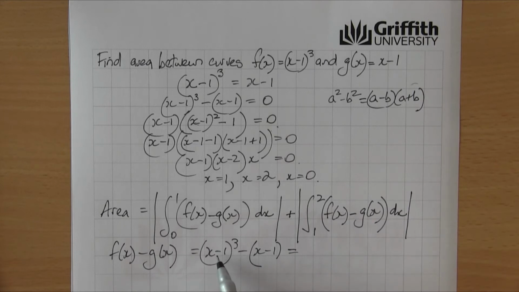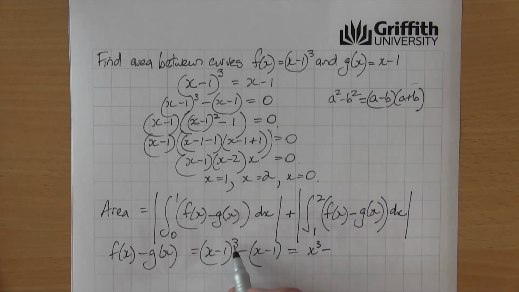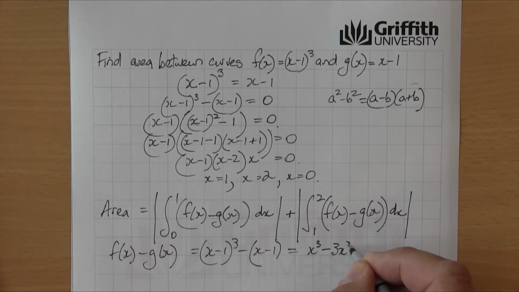Using the binomial theorem, that will be equal to x³ minus... because it's the power of 3, the coefficients go 1, 3, 3, 1, the third line of Pascal's triangle. So the powers of x go down by 1, the coefficient is 3, x², and then it would be plus times negative 1, so that would make that negative.